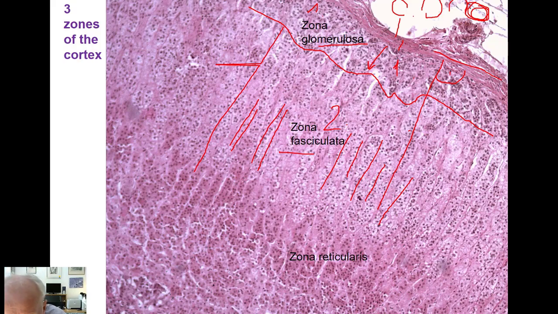And now in this part, you see the trabeculae are completely irregular, forming a very strange irregular net. And the third part of the cortex is called zona reticularis.